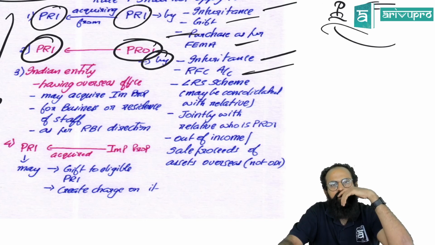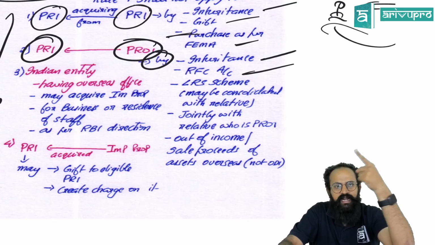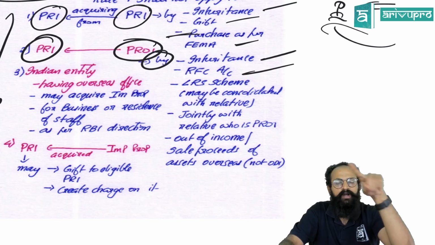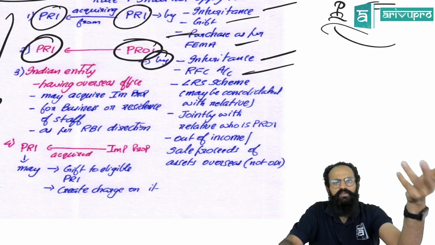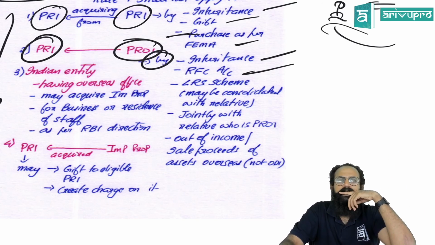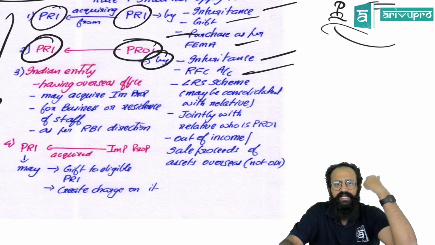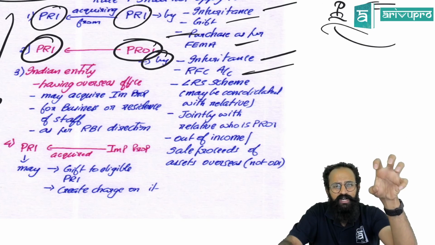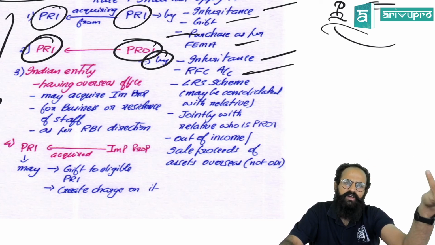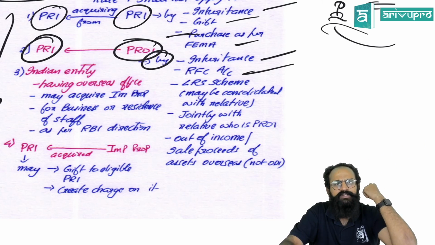Whatever your foreign currencies are, you can come back to India and open an account in India only. That is called an RFC account, resident foreign currency account. From that, if you're making payments, it's absolutely fine. Why? In the class, I had told you, you're not taking foreign currency from RBI. Whatever you have earned outside India, that only you are spending. So why should I take permission and all?